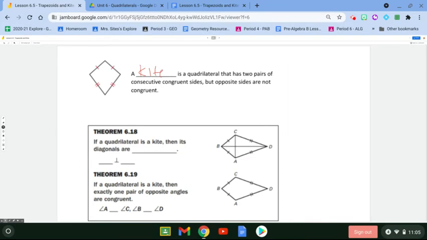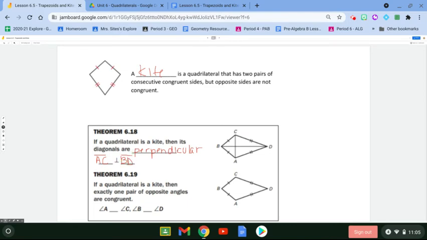If a quadrilateral is a kite, then its diagonals are perpendicular. So when we look at that particular quadrilateral that's a kite, we can say that segment AC is perpendicular to segment BD.